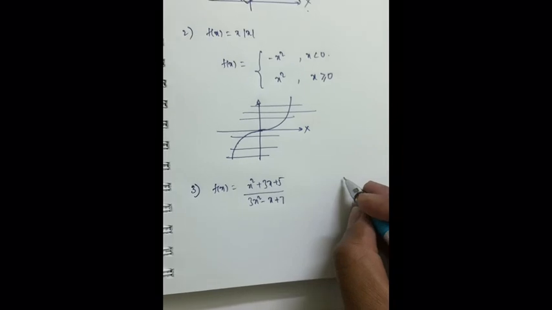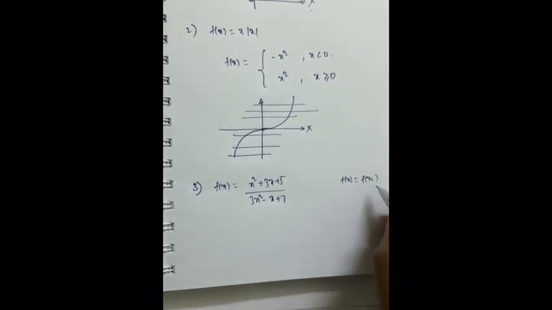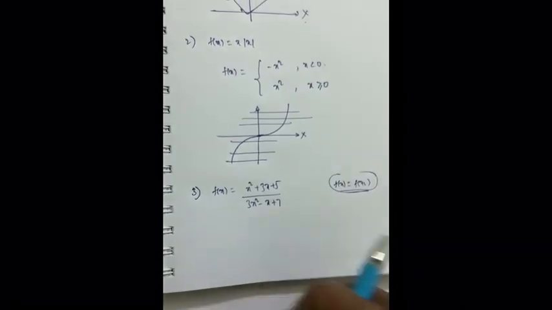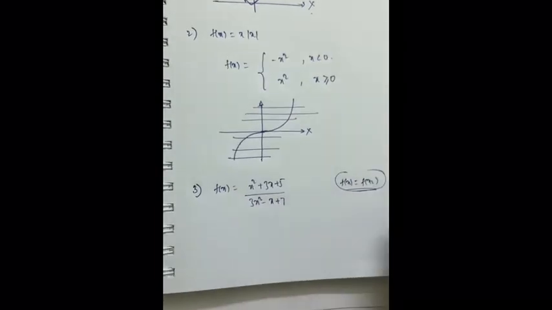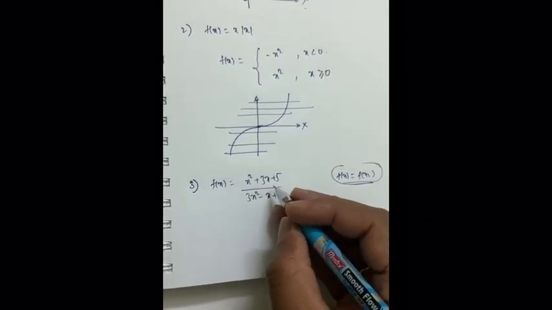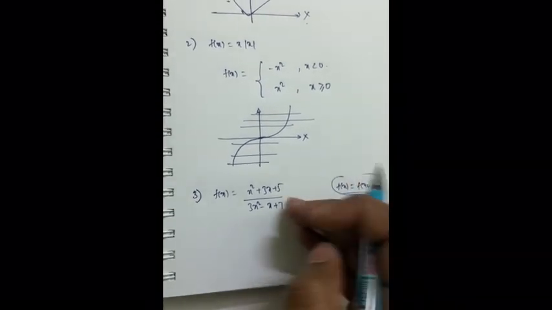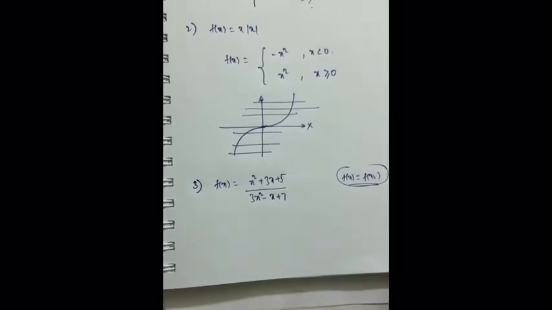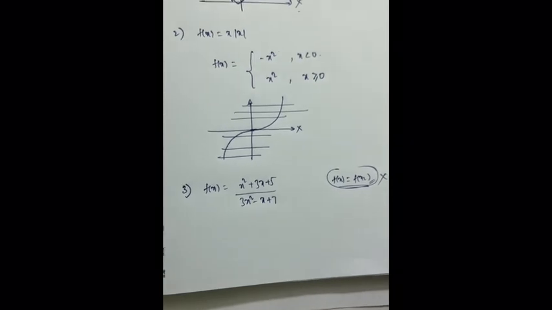One is the f of x1 equals f of x2 rule. If I try to proceed using this rule for this problem, you can see there will be too many calculations, right? So x1 square plus 3x1 plus 5, all this, and the same expression with x2 on the right side, you have to cross multiply and simplify. Yeah, it's a big task. So that is one rule, and we are not going to use it.